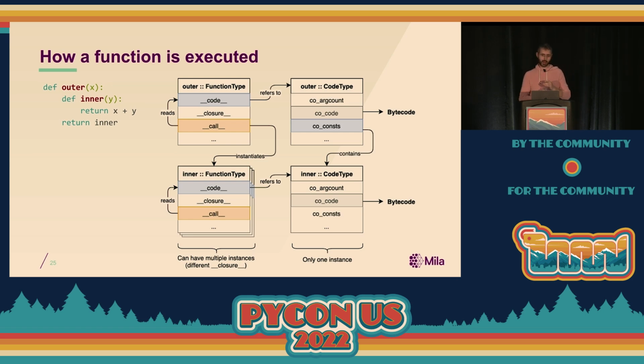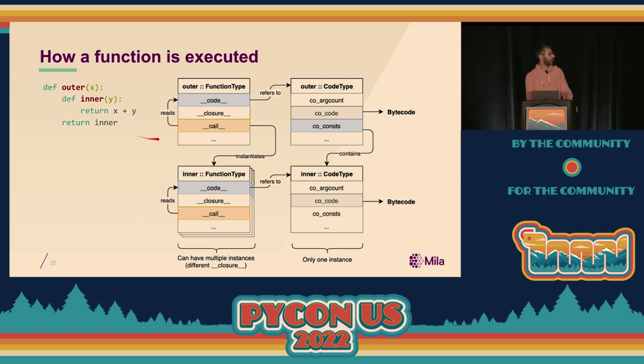To understand how to patch Python code, we first need to understand how the data structures for functions work. So I've taken the same closure example as before, but with outer and inner as the function names. And the structure of the function behind that is as follows.